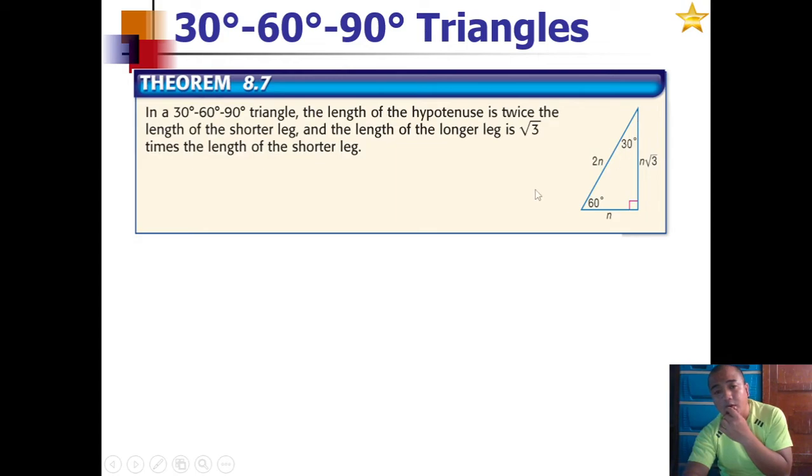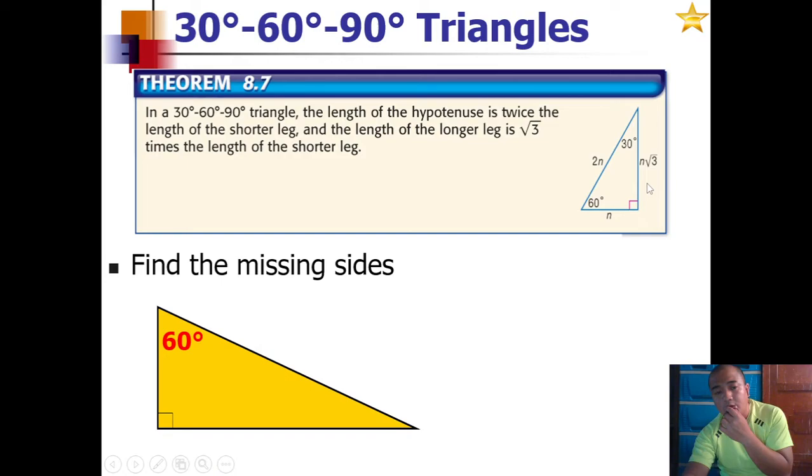Ito yung hypotenuse. So, it says here, the length of the hypotenuse is twice the length of the shorter leg. So, the opposite of 30 degree, if this is n, that means the hypotenuse is twice n, 2n. And the length of the longer leg is square root of 3 times the length of the shorter leg. So n square root of 3. So example, we have here a 30, 60, 90 triangle.